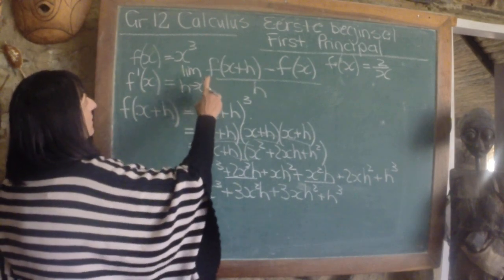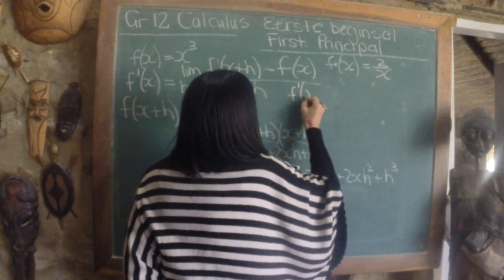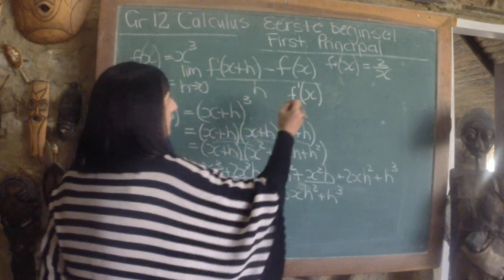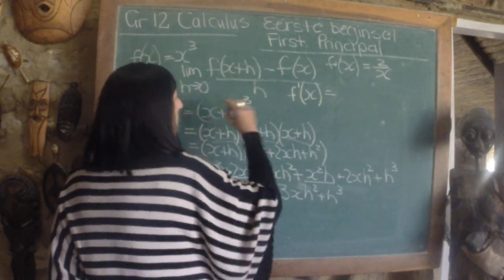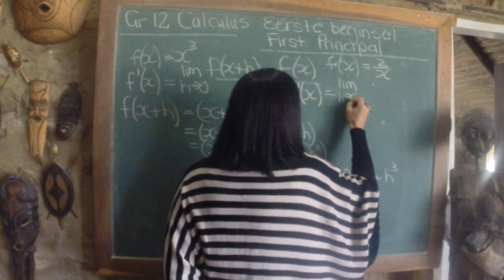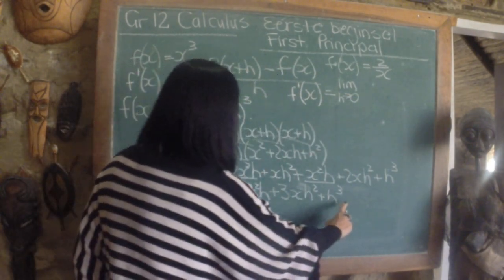Let's substitute within the formula. I've got f accent x, dit is die afgeleide, the derivative, and now I must insert the limit. Ek het die limiet van h wat strewe na 0, en nou gaan ek hierdie heelike toetie daarin vervang.